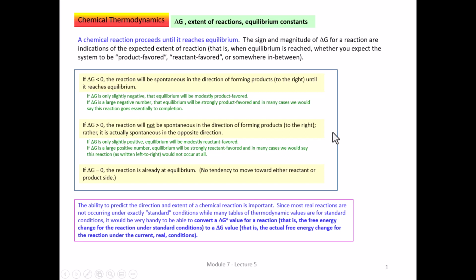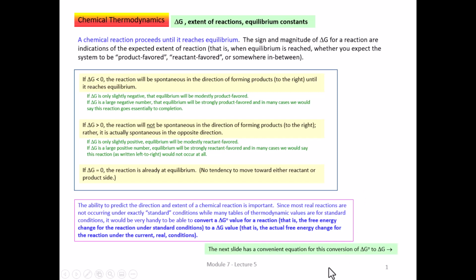Now, the ability to predict the direction and extent of a chemical reaction is important. And since most real reactions are not occurring under exactly standard conditions, while many of the tables of thermodynamic values that we use are for standard conditions, it would be handy to be able to convert standard deltaG values, which we calculate a lot, to deltaG values, that is the actual free energy change for the reaction under the current real conditions.